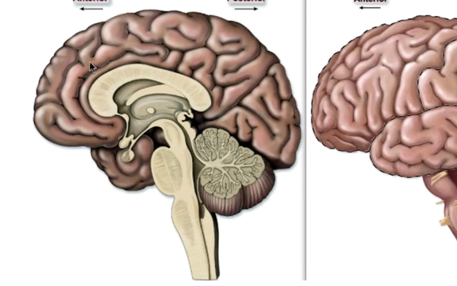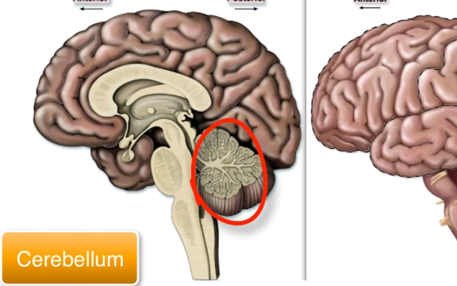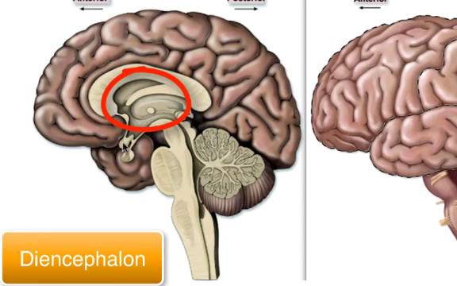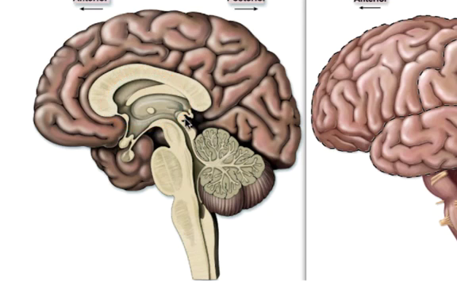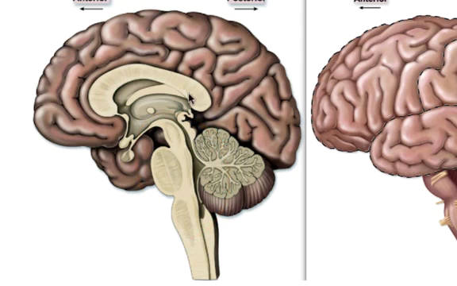This part of the brain that I'm pointing to is called the cerebrum. This part of the brain is called the cerebellum. This part of the brain that I'm pointing to, this one, is called the diencephalon. And from here to here, this piece is called the brain stem. The diencephalon is composed of some structures that have the name thalamus.